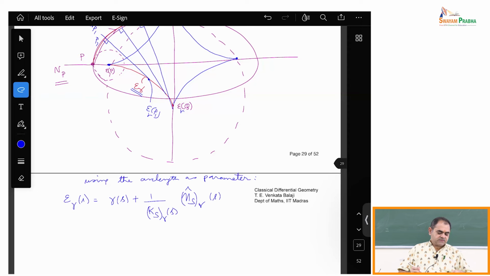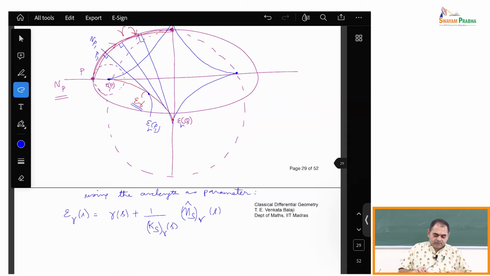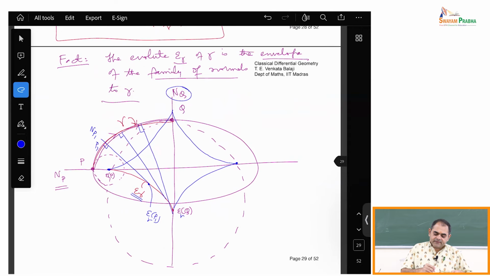So this is going to be the equation of the evolute, and first of all you need to know the fact that the normal to the original curve is actually the tangent to the evolute, okay.